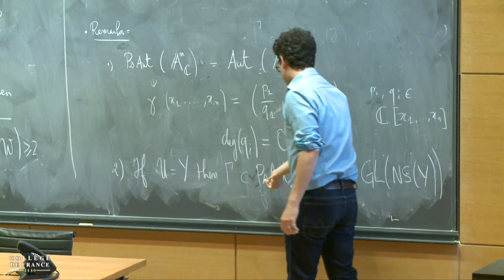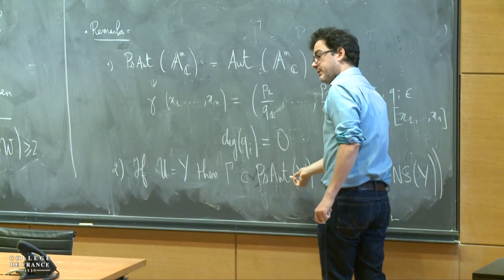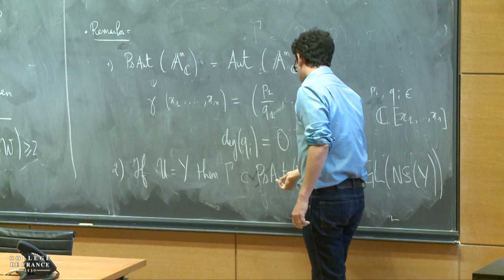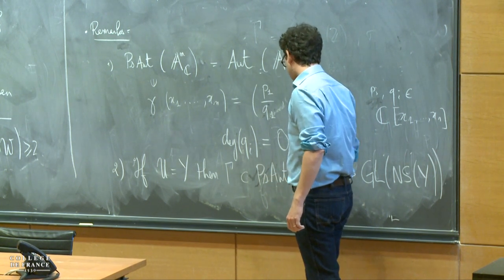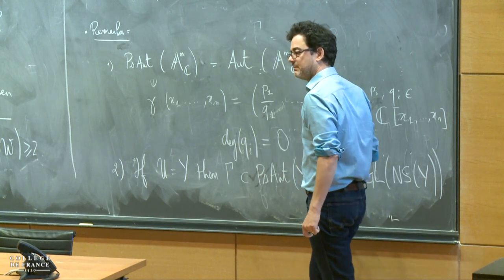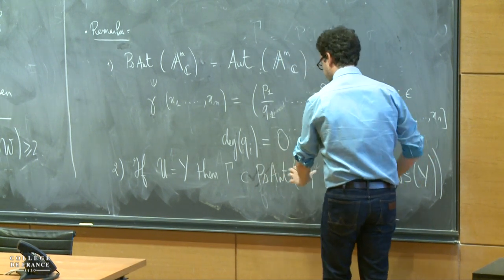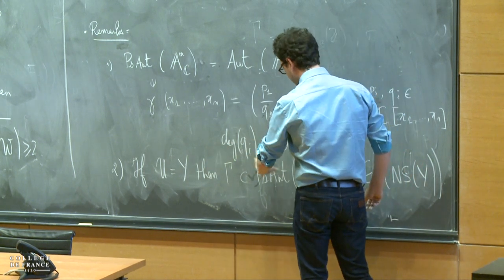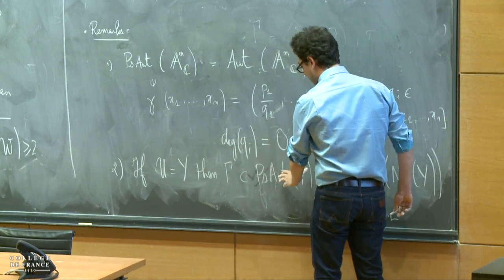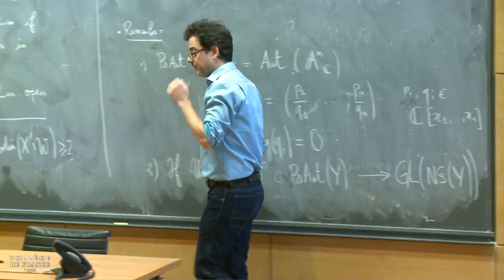And in fact, the kernel of this linear representation up to finite index is just the connected component in the group of automorphisms of Y up to finite index. So you can split the study of this group by looking at this linear representation and then looking at the kernel, which up to finite index is just a Lie group, an algebraic Lie group.